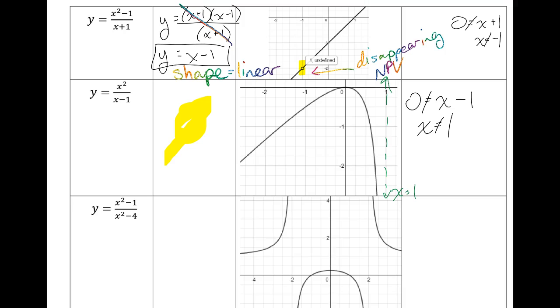The tricky part is that the farther we move away and the bigger the numbers we get, that square, that higher degree in the numerator than the denominator, it results in sort of a parabola-ish sort of shape that starts to mirror more the quadratic equation than the linear one.